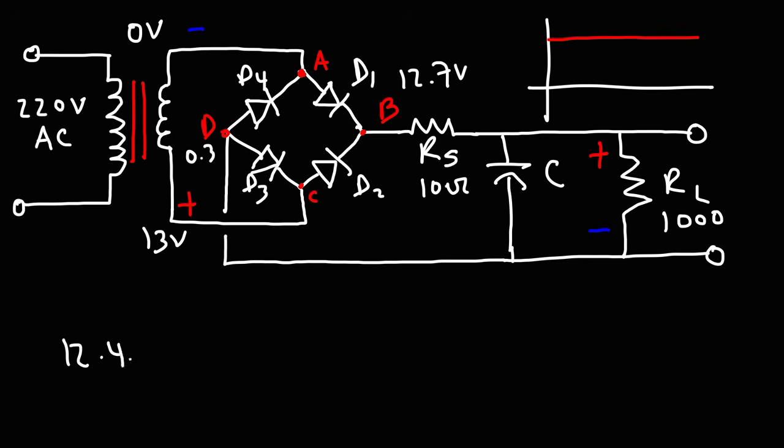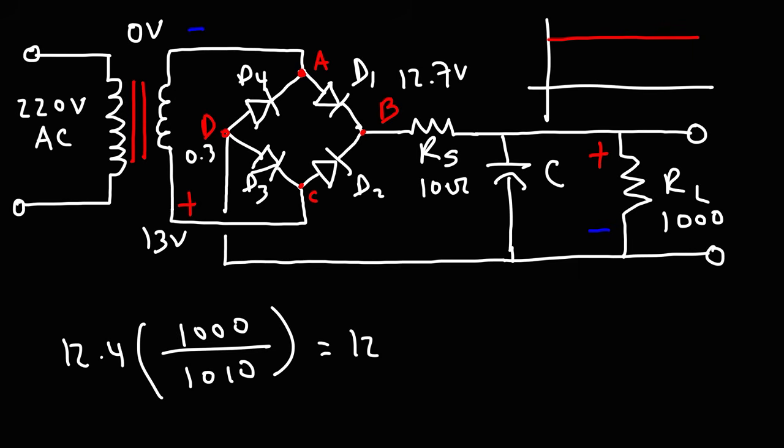So the output voltage will be 12.4 times 1,000 divided by the sum of these two, which is 1,010. And so the output voltage won't change by much. In this case, it's going to be 12.28. So by making sure that the load resistor is significantly higher than RS, the output voltage will still be above 12 volts.